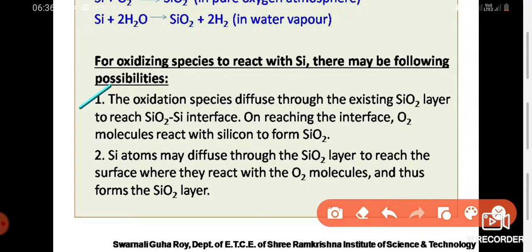On reaching the interface, oxygen molecules chemically react with silicon to form silicon dioxide. The second possibility is that silicon atoms may diffuse through the silicon dioxide layer to reach the surface, where they react with the oxygen molecules, finally forming the SiO2 layer.